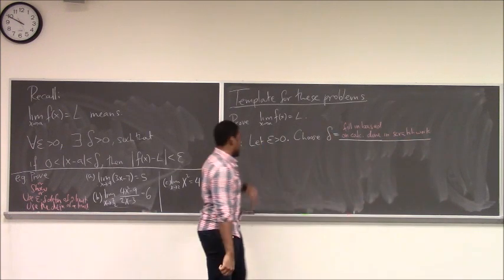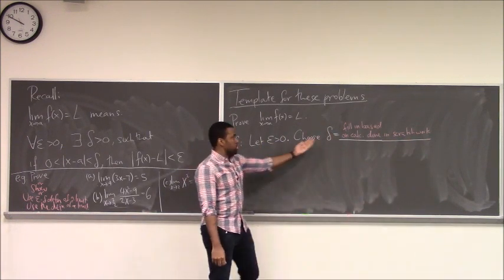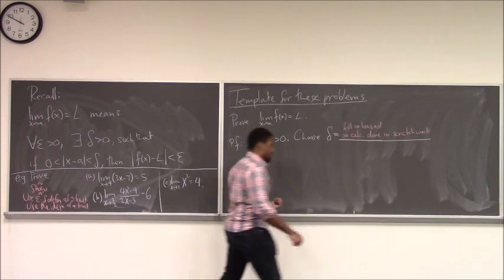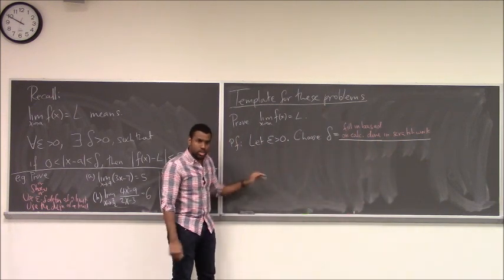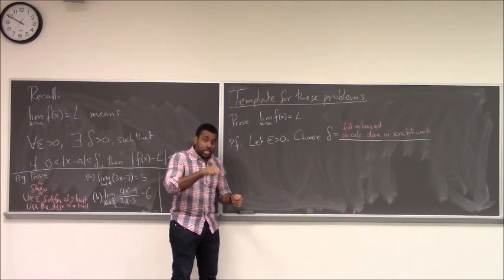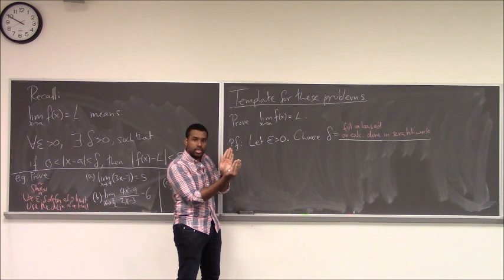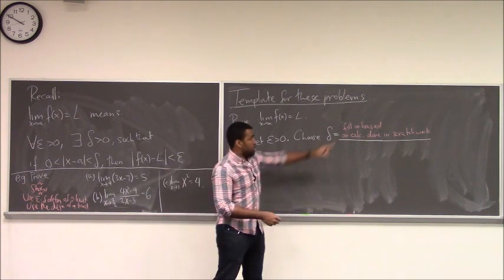That's the template. You're going to start, let epsilon greater than 0, choose delta equals blank, right? You need to figure out that blank in much the same way that I did it down here, right? Do the calculations, force it to be less than epsilon, and then figure out what you need the x minus a to be less than for that to work, right? And you're going to put the answer there.